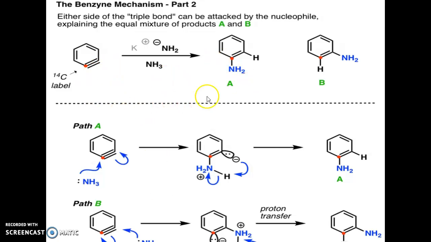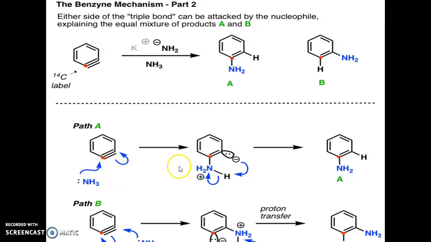See, this is the example. Either side of the triple bond is attacked by the nucleophile, which leads to an equal mixture of one para product and one meta product, and we can call this carbon the labeled carbon.